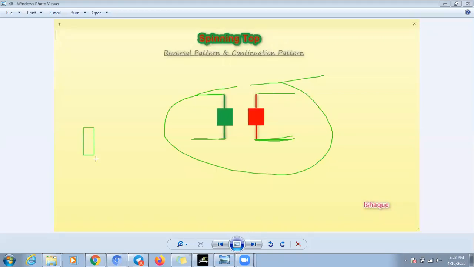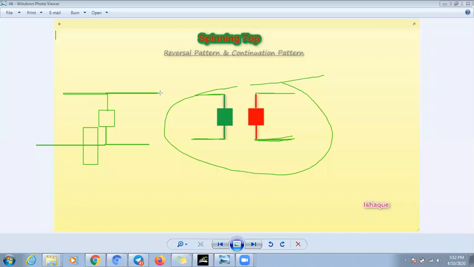Look, if you find a green candle, and after the green candle you find this spinning top, in this case the levels are only here and here. These are the two levels.